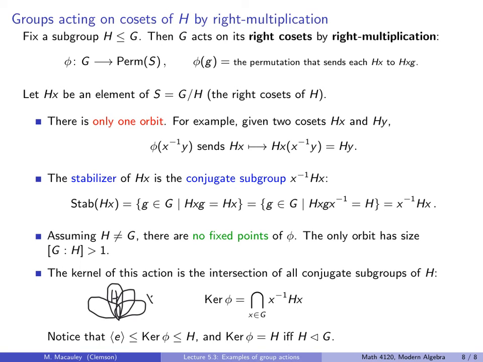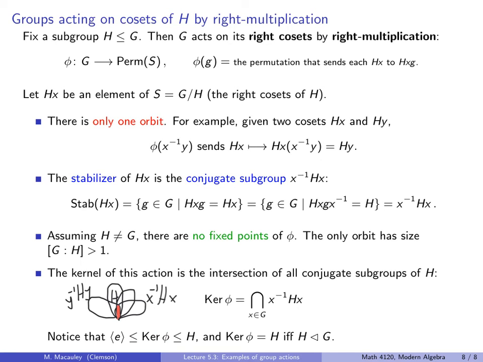So this might be X inverse H X. This might be Y inverse H Y, and I'm not going to name the other ones. So the kernel is the intersection of all of these. Clearly the intersection of all of these things, since H is one of them, has to be contained in H. It can't be any bigger because we're intersecting things. So that establishes this first claim.